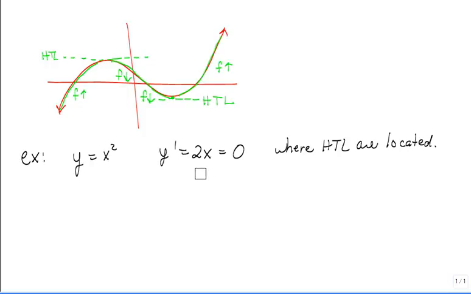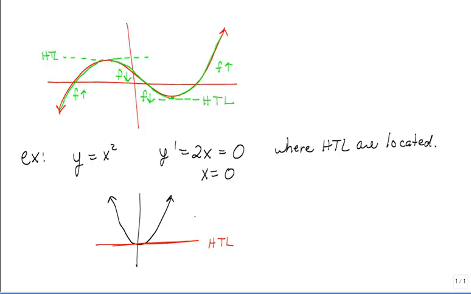So that just gives us x equal to 0 when you divide both sides by 2. If you look at the graph, this is a parabola, and at 0 here, there's a horizontal tangent line. Let's make it red. Horizontal tangent line.